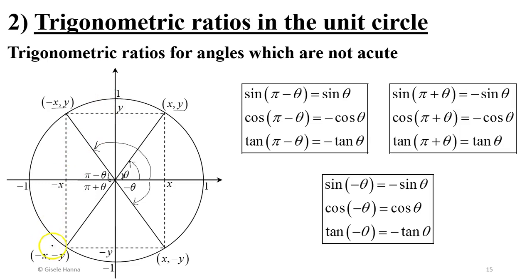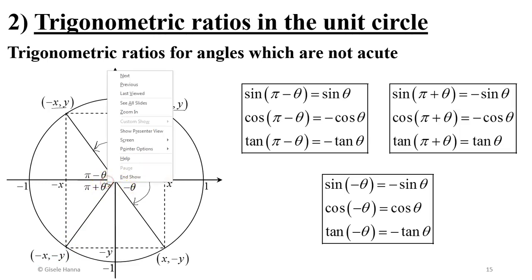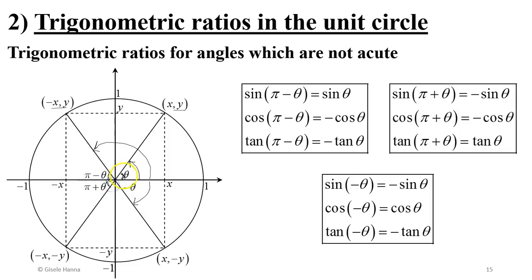Okay, and similarly for the third quadrant, over here, if you consider the point that is diametrically opposite to x, y, it would be the point of coordinates negative x, negative y. So over here, if this is theta, then this angle here is in fact equal to it.